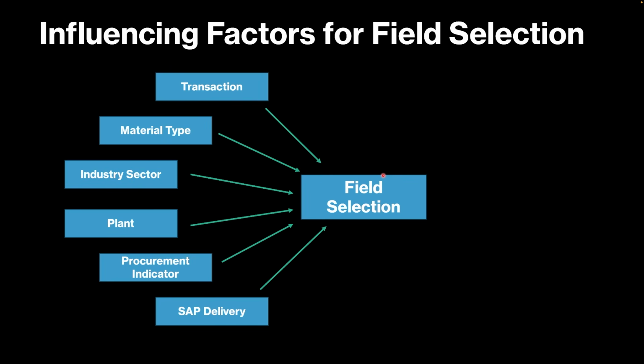That is, you can configure the field selection through these 6 influencing factors. And what are these influencing factors? You have transaction, material type, industry sector, plant, procurement indicator, and SAP delivery. So all these influencing factors are there in SAP based on which you can configure your field selection for a particular field.